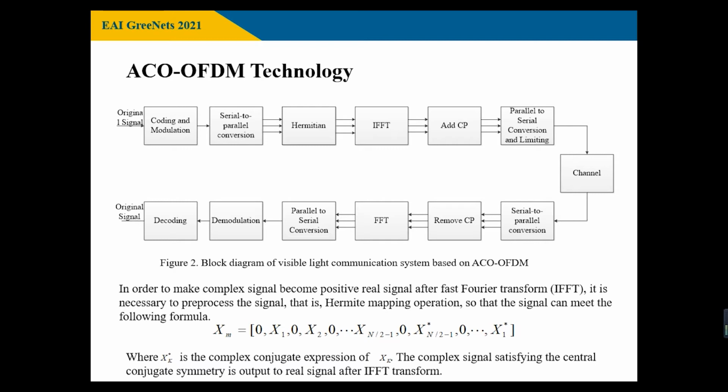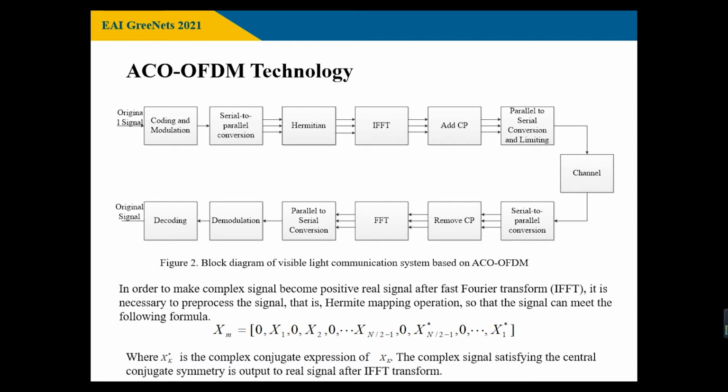However, the use of DC-biased OFDM will increase the average optical power of the transmitted optical signal while reducing the modulation depth, resulting in low power efficiency of the system.